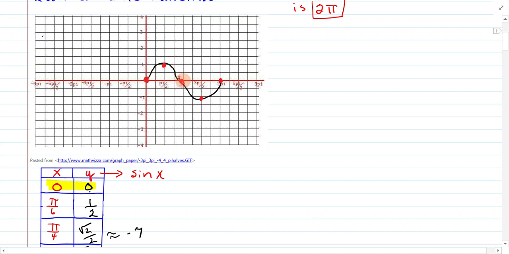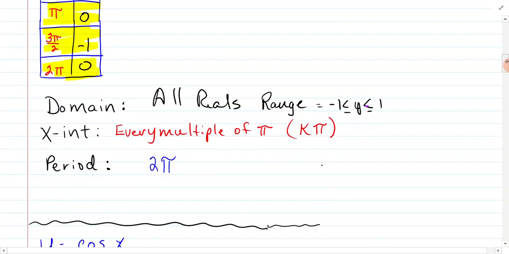So we can see the repetition here. We can see the x-intercepts, and we can see the max and the min. Those are the 5 points that we would want to graph if we were hand graphing this. Keep that in mind, that's what we would like to do.